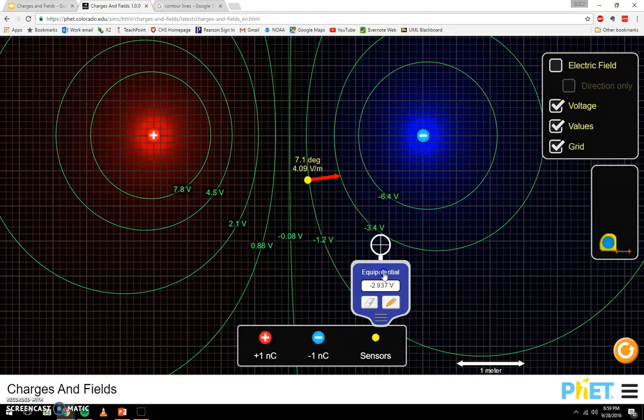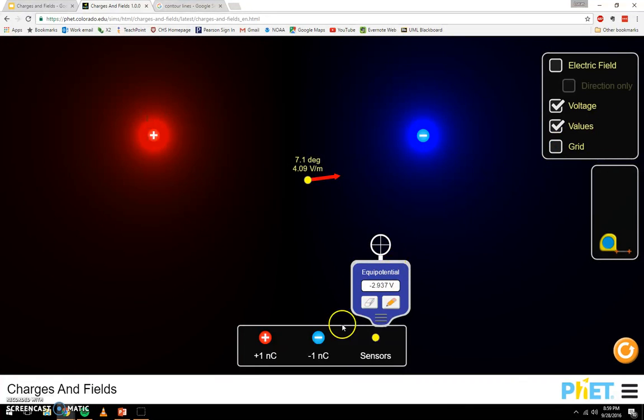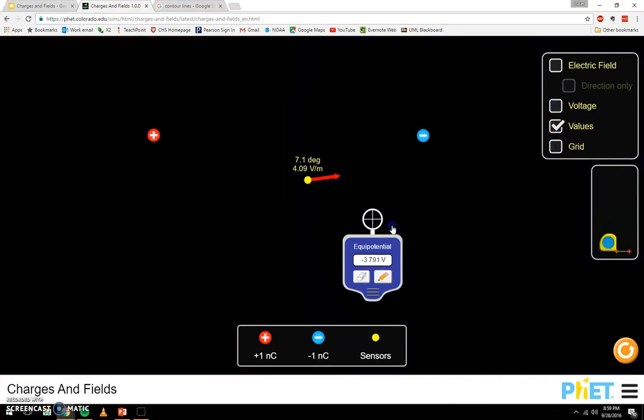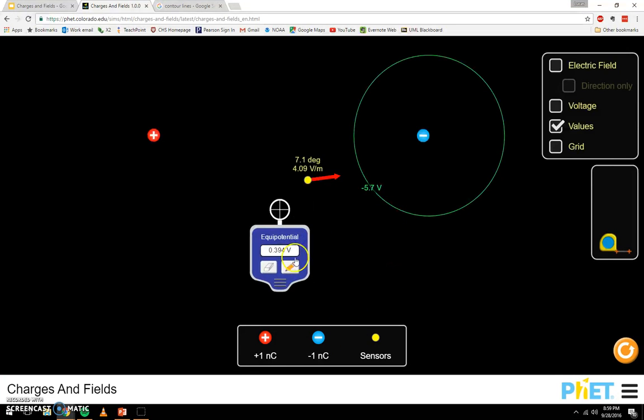Okay, so if you click the eraser button, it clears all of the equipotential lines that you drew, or if you draw a couple in and you change the charge distribution in any way, then all of the lines get erased. Also be aware of that.